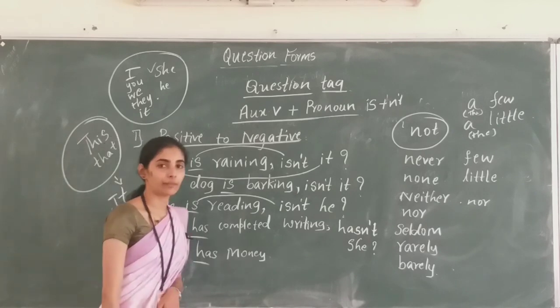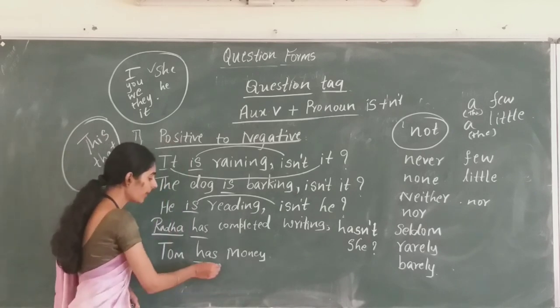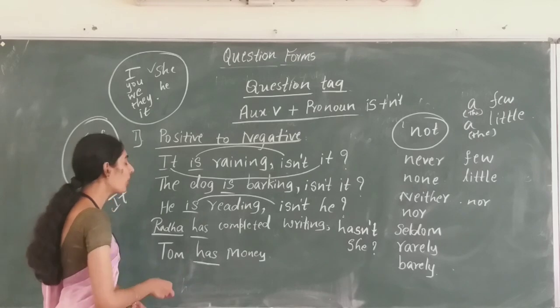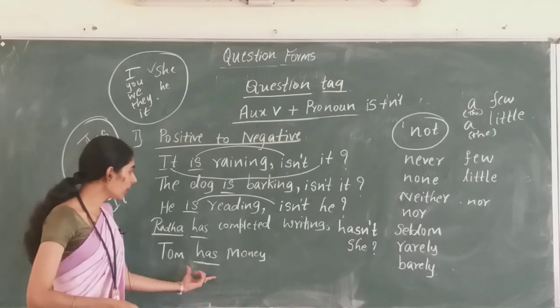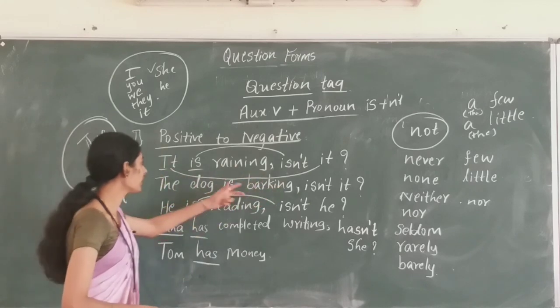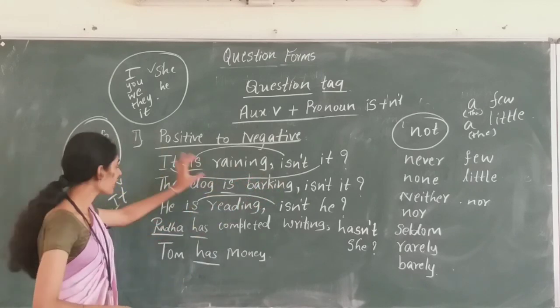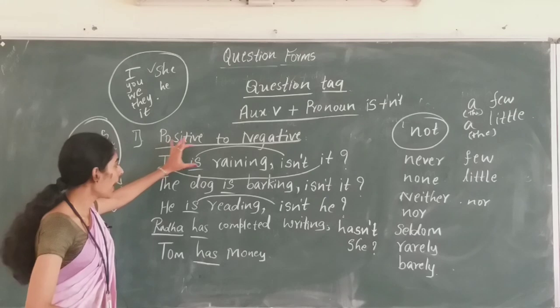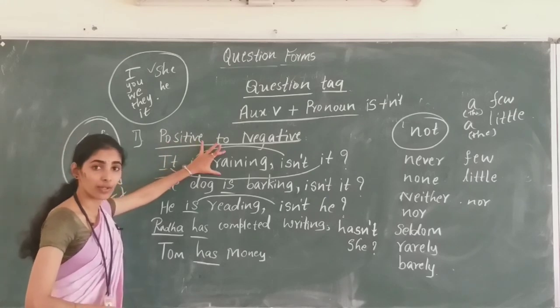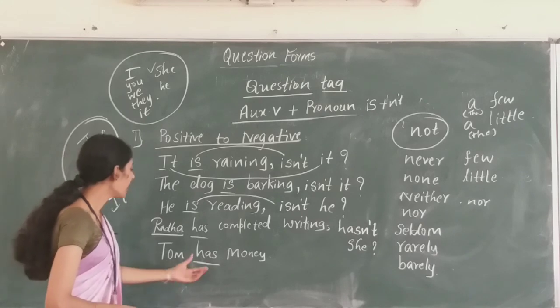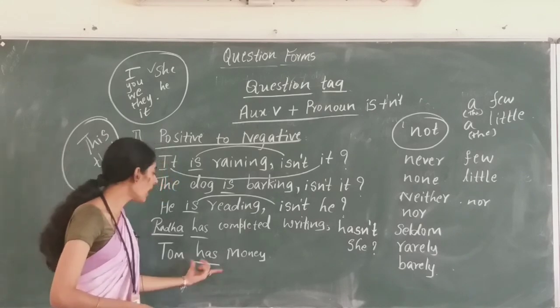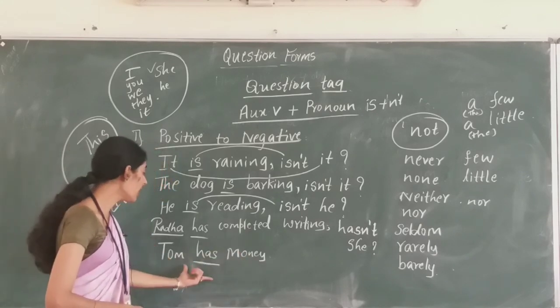Now, look at the last sentence. Tom has money. So here, has. There is only one verb here. Remember, look at all these sentences, there are two verbs. One is a helping verb and another is a main verb. But in this sentence, there is only one verb. There is no other action verb.